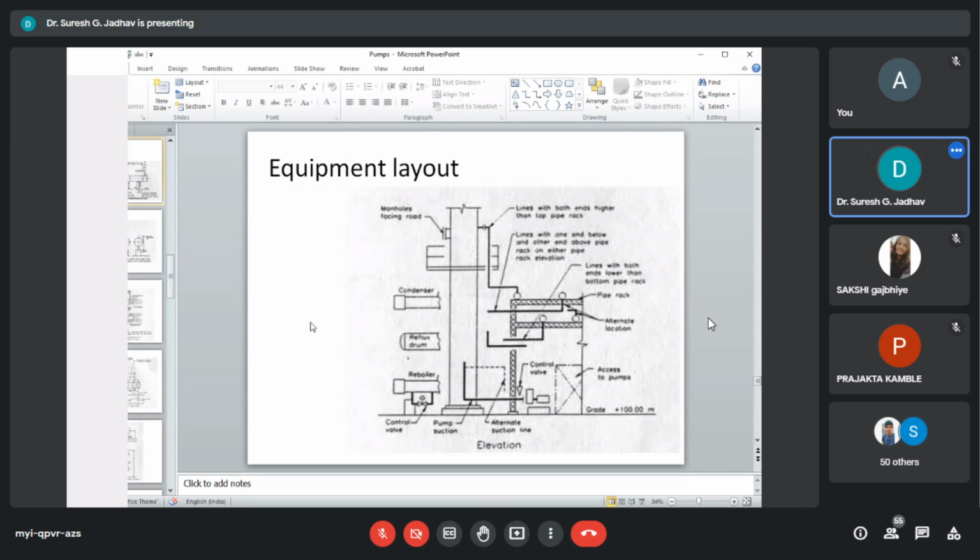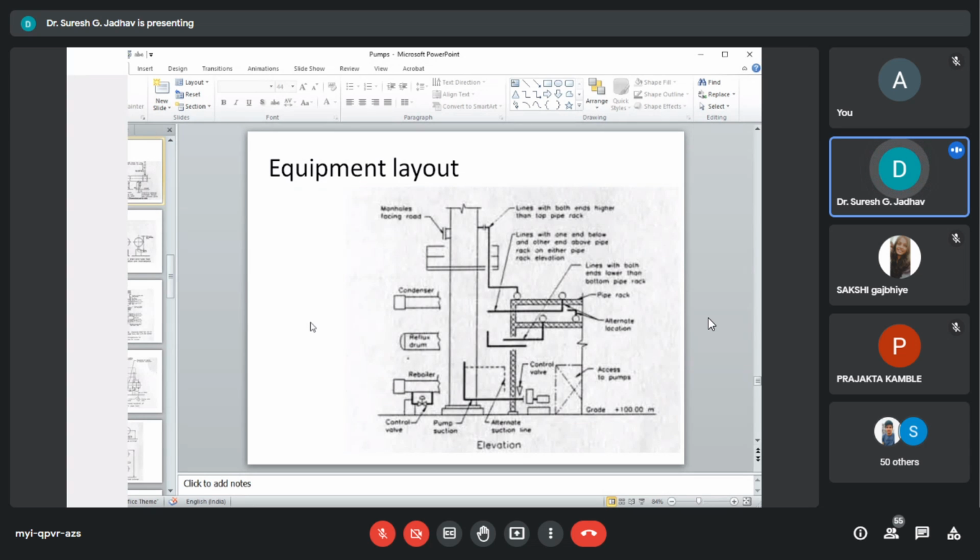Here we consider different lines: lines with both ends higher than the top pipe rack, then lines with one end below and the other end above the pipe rack elevations, and lines with both ends lower than the bottom pipe racks. And here, seeing the pipe rack arrangements, alternate locations, access to pumps, and grade elevation is provided, that is 100 meters.